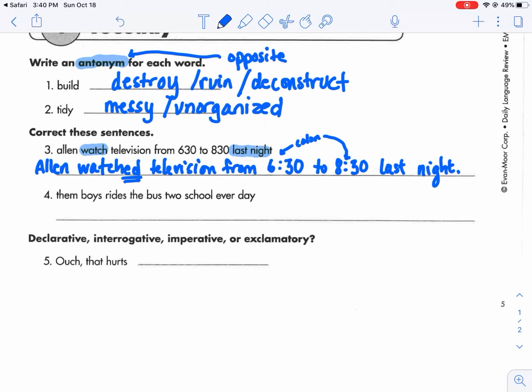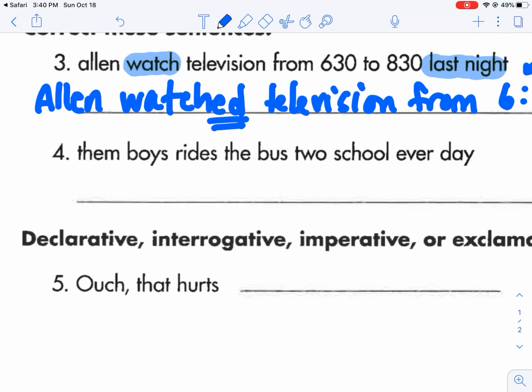Number 4, them boys rides the bus to school every day. Oh boy, this one has a lot of mistakes. To start with, them is a pronoun, an object pronoun, and this right here is the subject of our sentence.